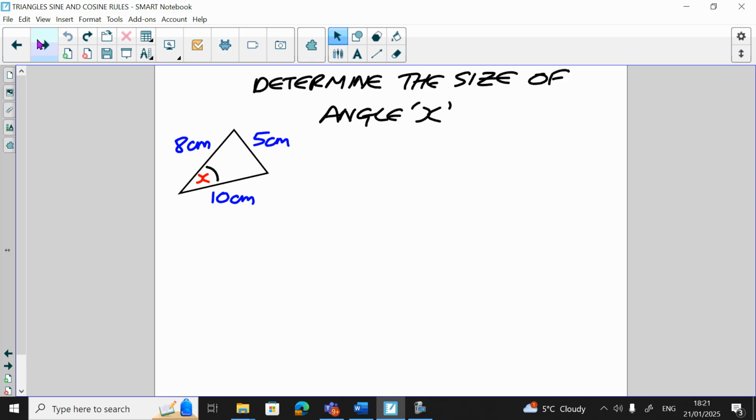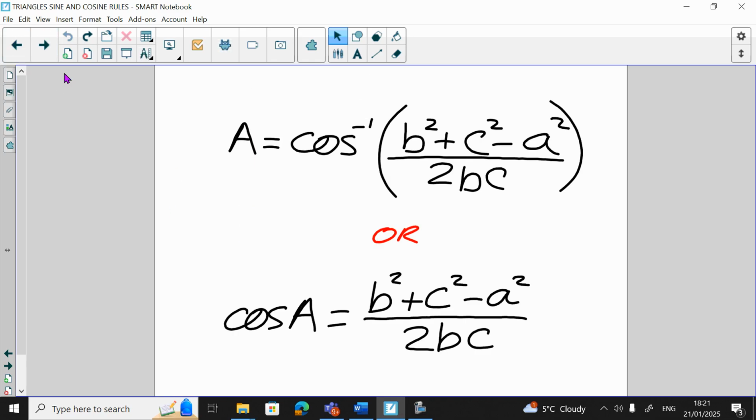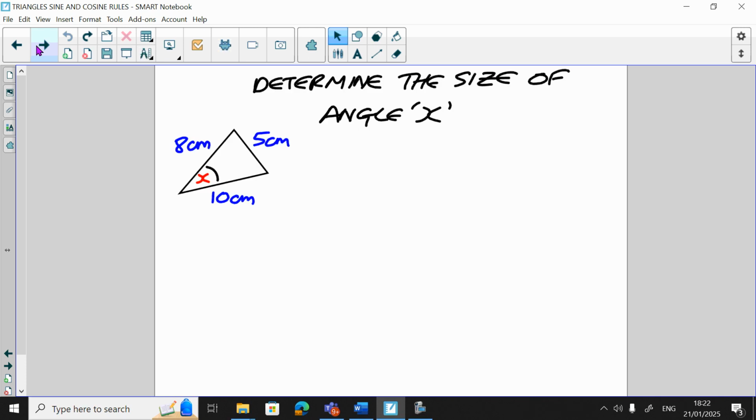Okay, let's go for this. So we've got all three sides, and the thing is, A, B, C, and B and C, this involves all three sides, and that will give us any angle, regardless of which three sides you went for. But the thing is, it's very, very important here, very important about the labelling.